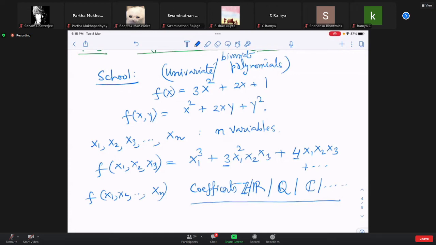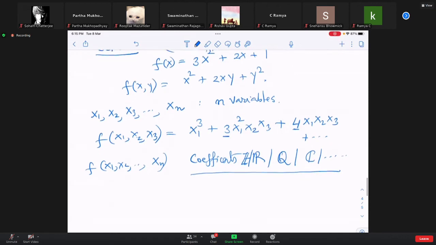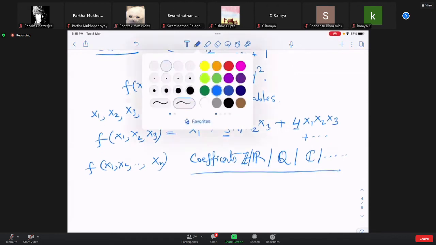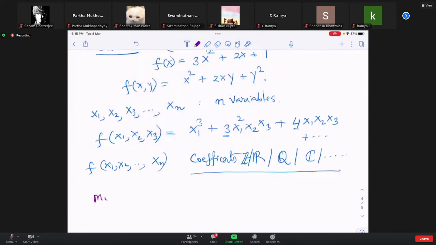Any question about this multivariate polynomial business? Feel free to ask. This is a new kind of proof idea I'm going to introduce today. If you are confused about any basic definition, you tell me. There are a few basic definitions, like monomial.